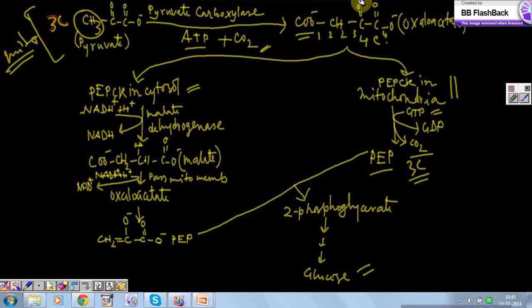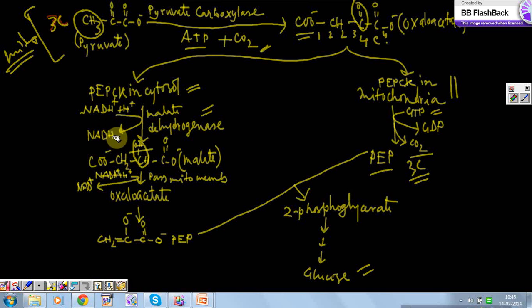Look at this. This is the carbonyl group, and here this is a carbon with the hydroxyl group. So this carbon has been reduced, and for this reaction the enzyme malate dehydrogenase is responsible, and NADH plus H plus works as a cofactor which donates the hydrogen and reduces oxaloacetate into malate.